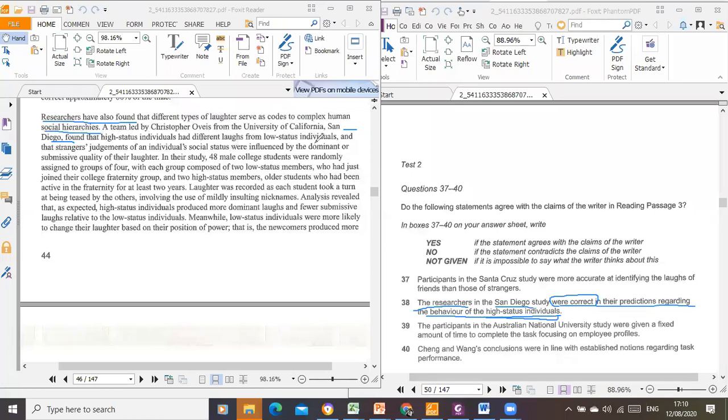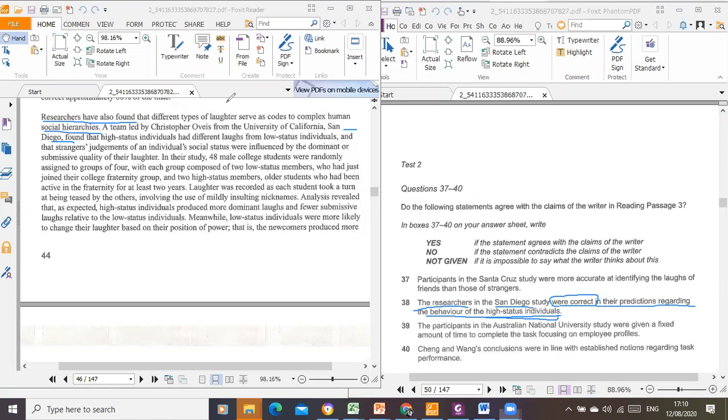Okay? We are looking for anywhere they mention researchers again. And where they talk about all the high and low individuals, there was nothing about the researchers there. They were all about participants.